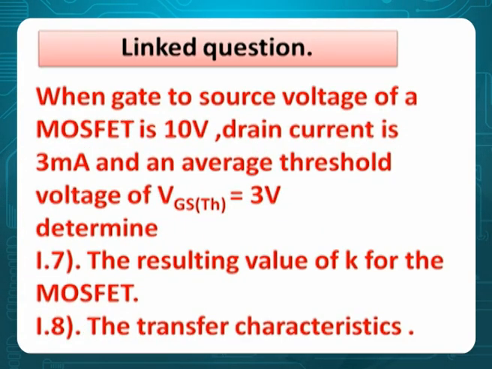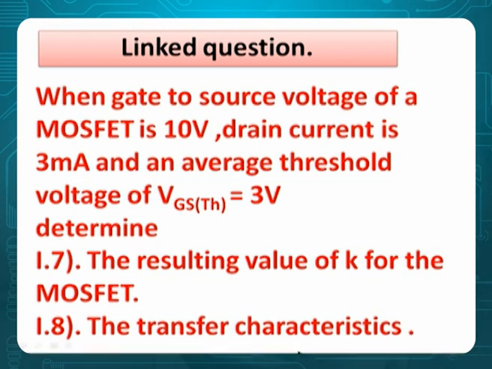Linked question. When the gate to source voltage of a MOSFET, that means VGS, is 10 volts, the drain current is 3 milliamps, and the average threshold voltage is 3 volts. Seventh problem: calculate the resulting value of K for the MOSFET. Eighth one, from the transfer characteristics.